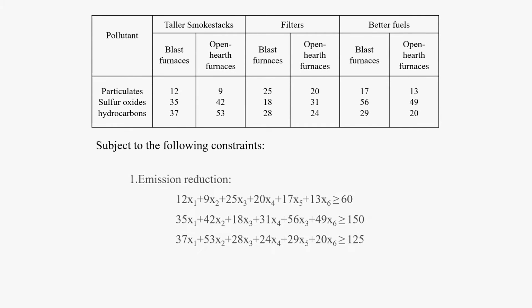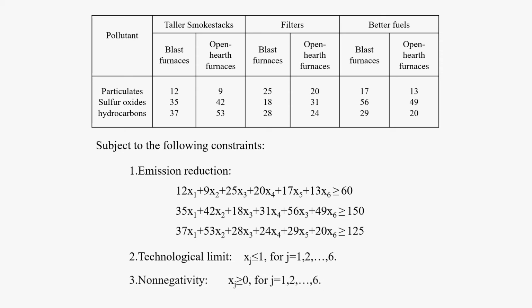Next, we think about the constraints in this problem. The constraint is that the reduced emission of each pollutant must satisfy the required annual reduction.